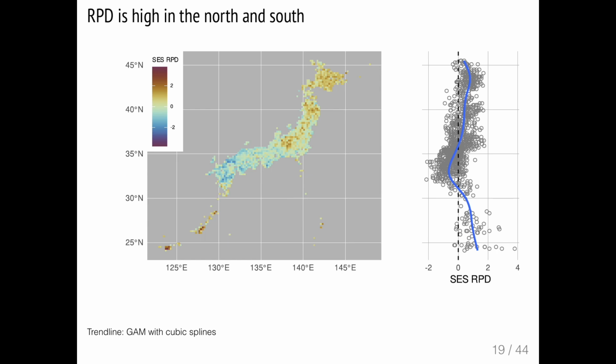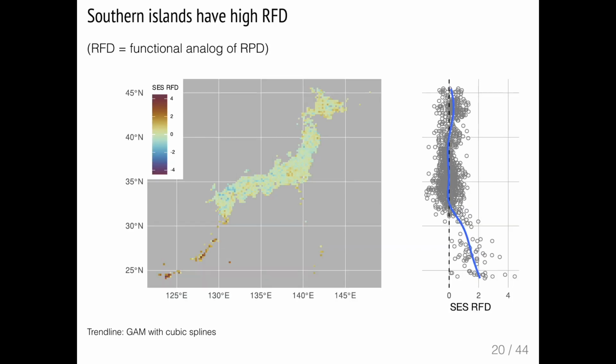Conversely, the low RPD of the central area may be due to clades that have radiated on the main islands, such as Dryopteris. We can also look at the functional analog of RPD, RFD. We see a somewhat similar pattern, with high diversity in the southern islands and low diversity elsewhere. Again, this is likely due to tropical lineages with unique morphologies.